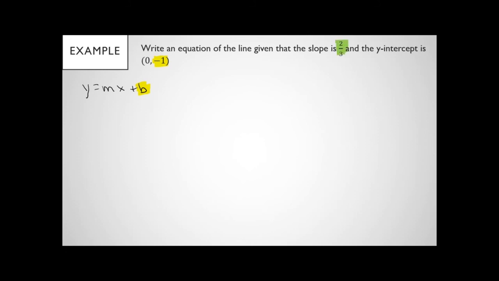And then the slope is m, so we can plug that in for m. So that will give us y equals 2/3 x minus 1. So that is the equation of a line given the slope of 2/3 and a y-intercept of -1. You're just basically replacing the appropriate numbers or letters in the equation.